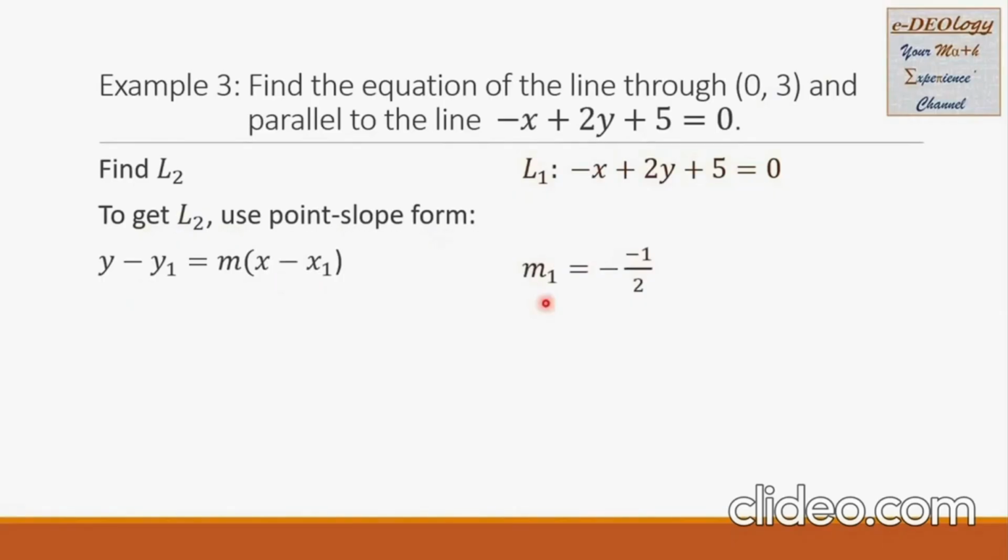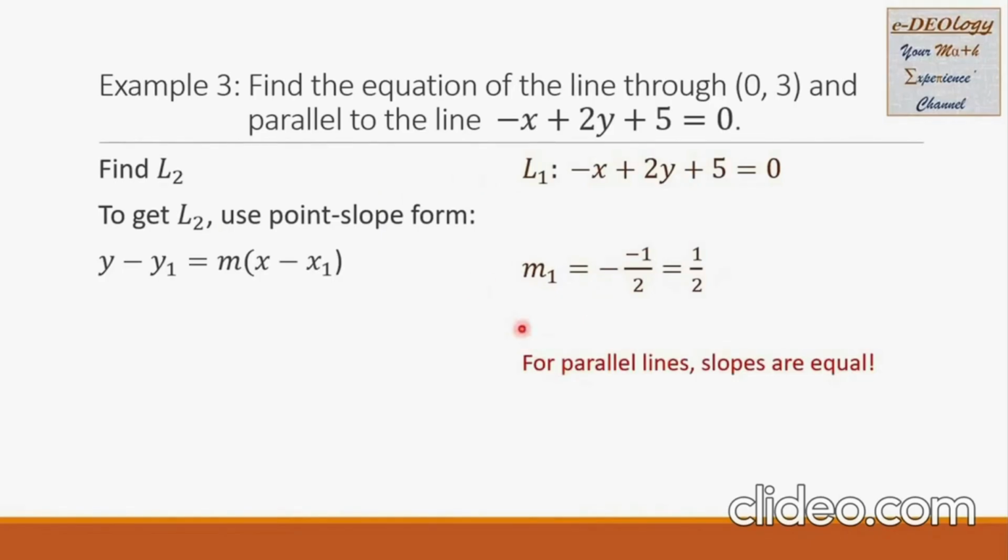For our m sub 1, this is now equal to negative, the negative 1 comes from the coefficient of x, and the 2 here comes from the coefficient of y. Then we will simplify further. The negative and negative becomes positive. So our m sub 1 is 1 over 2. In the problem, it is given that the line 1 and the line 2 are parallel.